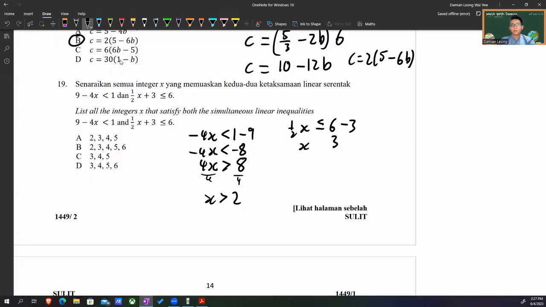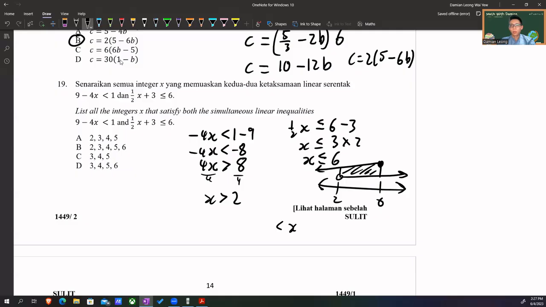Bring over the half. Half means divide 2, opposite times 2, which is 6. So sketch out number line 2, 6, x more than 2, x less than or equals to 6. So where both inequalities are satisfied means in between here. But I don't include 2 because there's no equal. So x must be more than 2, less than or equals 6. So I don't include the 2. Means start from 3. 3, 4, 5, 6. Answer D.